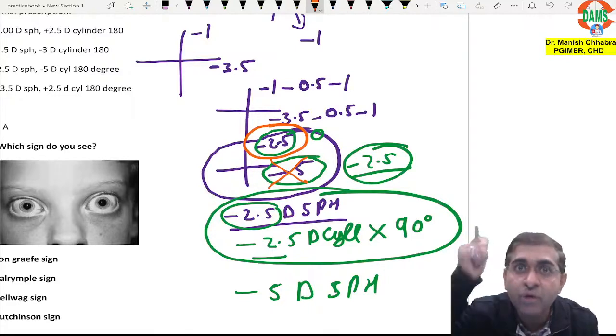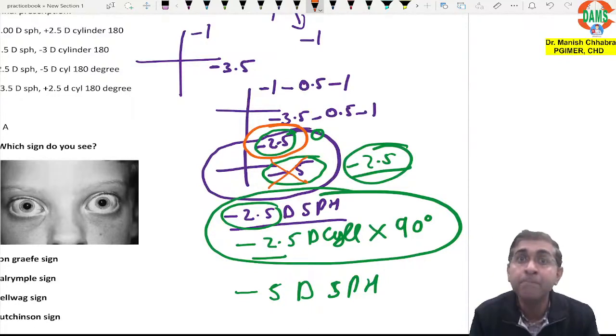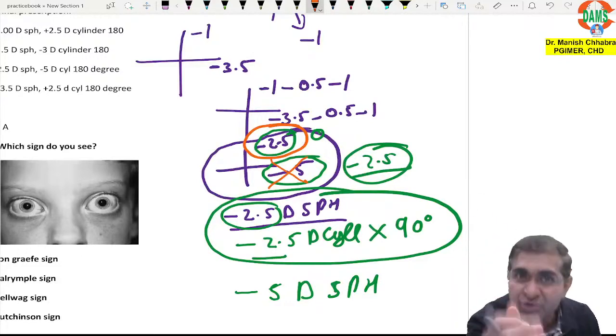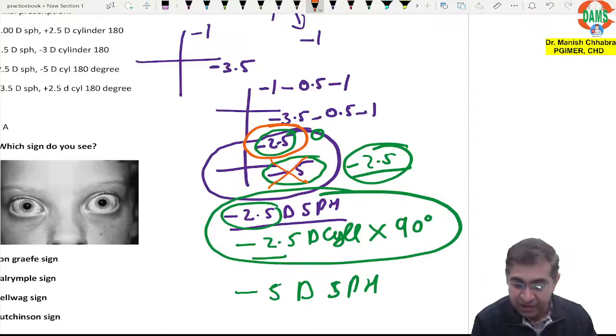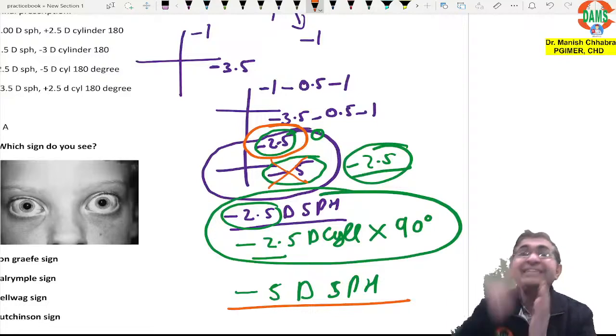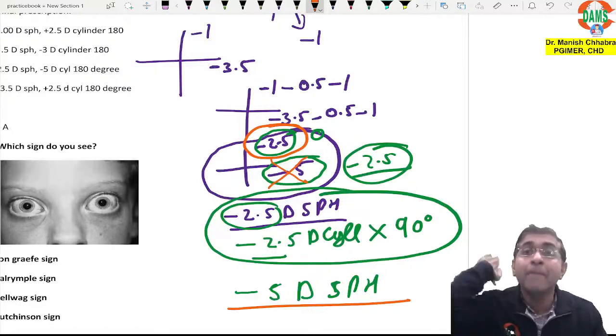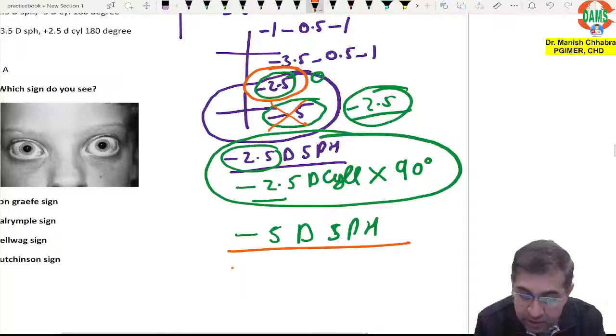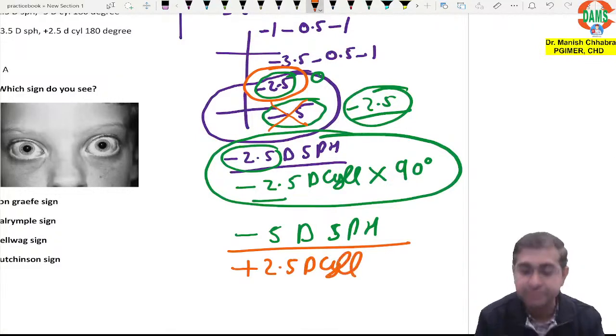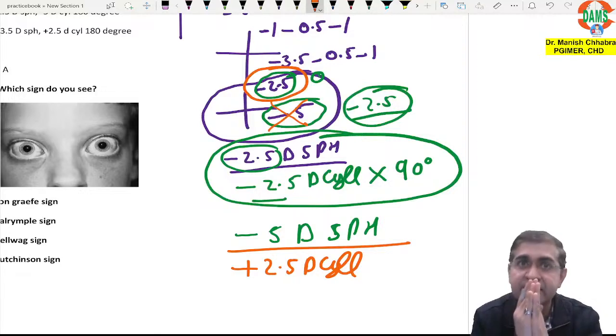I have given -5 in the form of sphere because the sphere is going to act both at x-axis and at y-axis. Now, how do I decrease the power from -5 to -2.5 at y-axis? I am going to give +2.5 diopter cylinder.